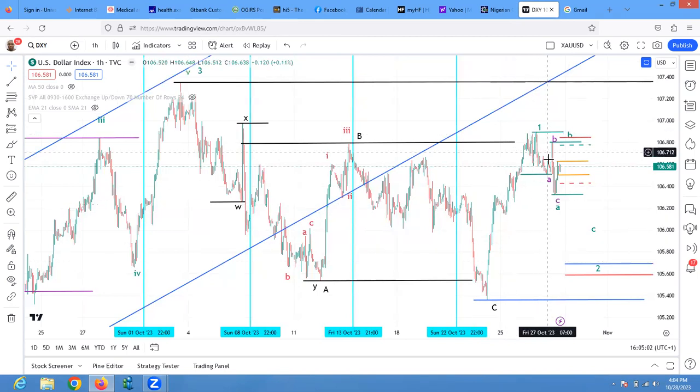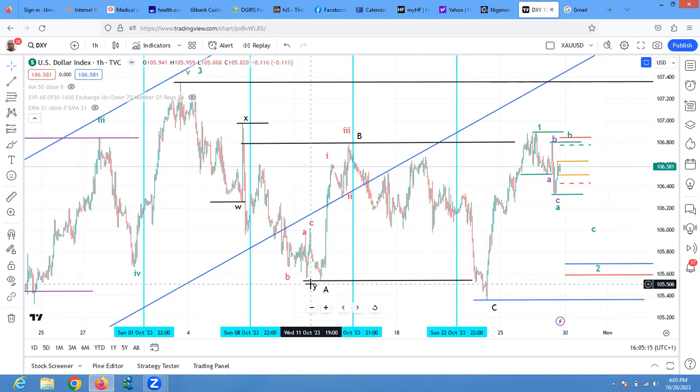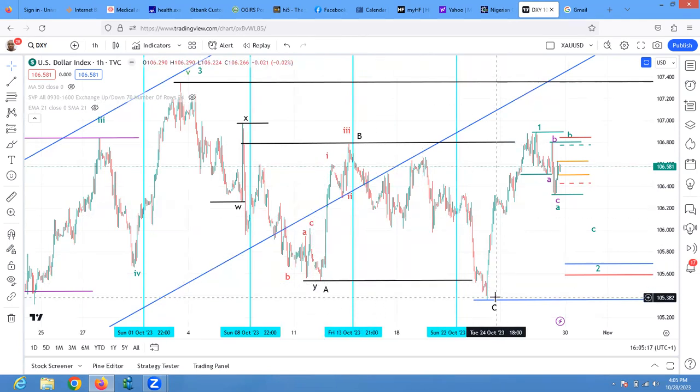Now, we are seeing this. Two ways of dealing with this: is this a W or A, B, C, and we are done with the correction, and we're not going up to break the top again to finish with 5?